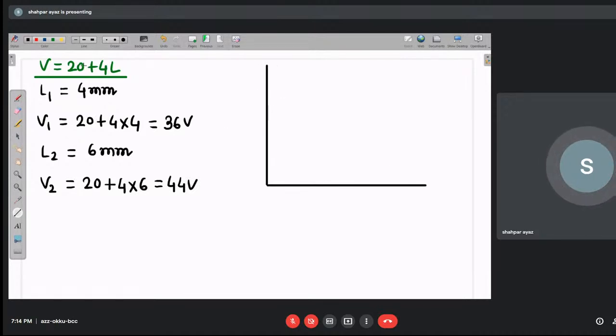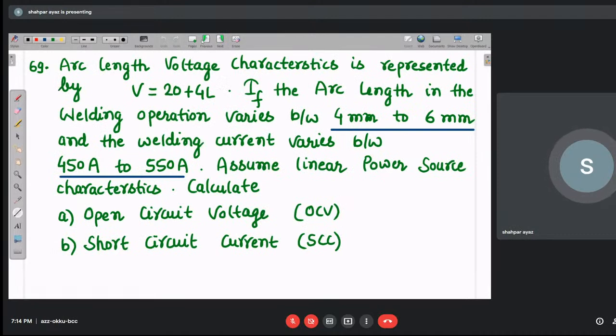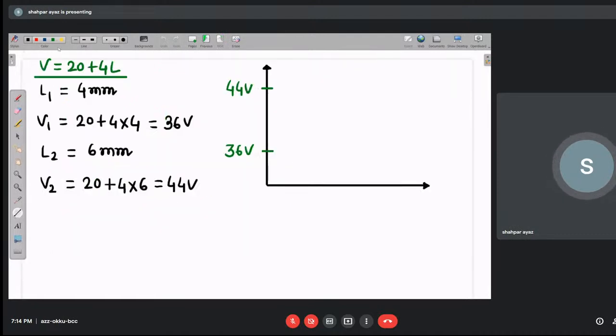Now, if I show you the graph, we have voltage 36 and next is 44 volt, and current we have 450 and 550. So you can draw 450 and 550.